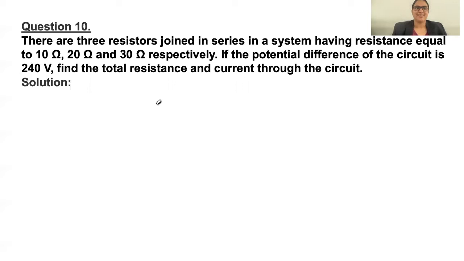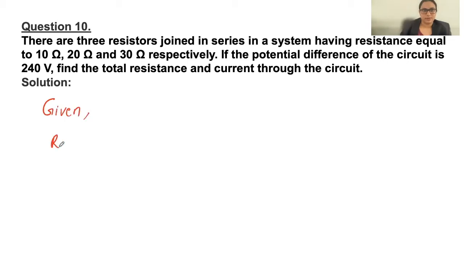Question number 10 is, there are 3 resistors joined in series in a system having resistance equal to 10, 20, 30 respectively. If the potential difference of the circuit is 240 volt, find the total resistance and current through the circuit.